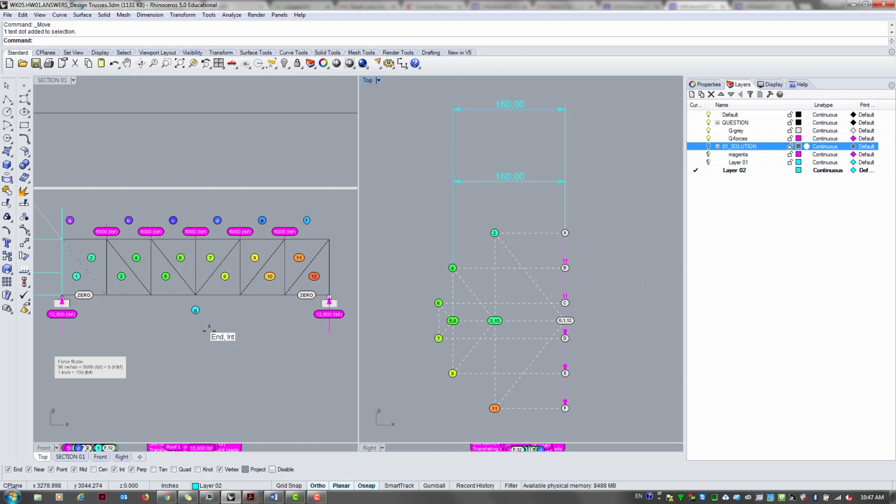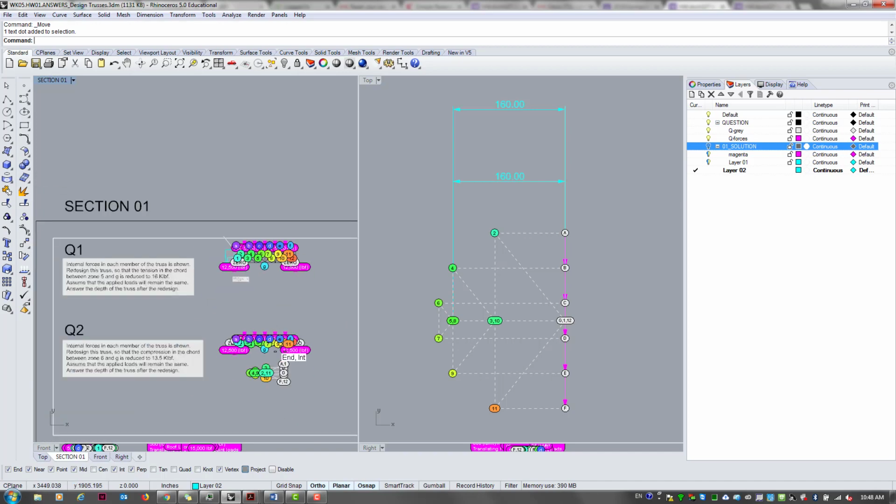So we have the ability of working backwards from the force diagram to design the geometry of the truss. I think that's kind of profound, and this is kind of the intro to that. So this should be fairly quick.